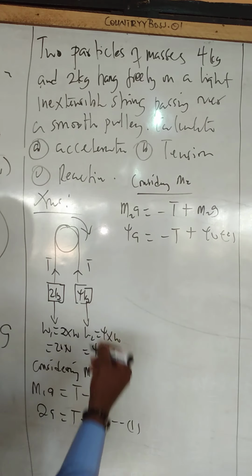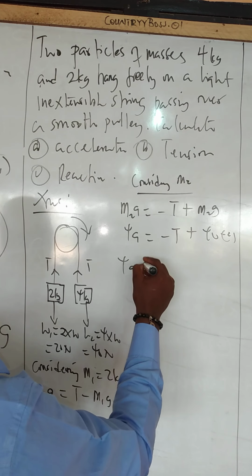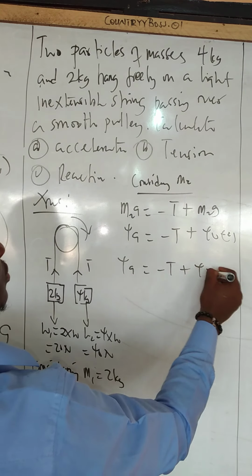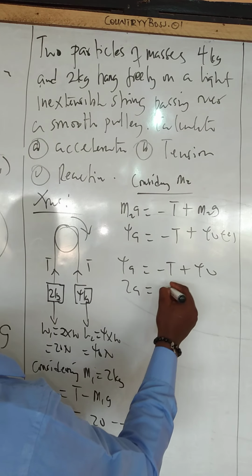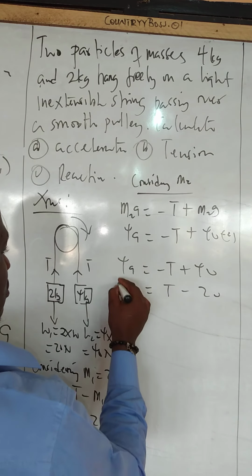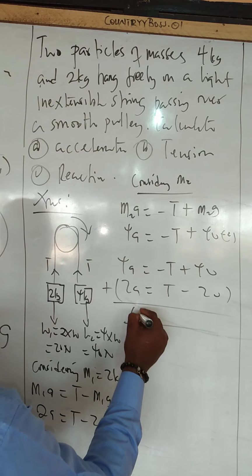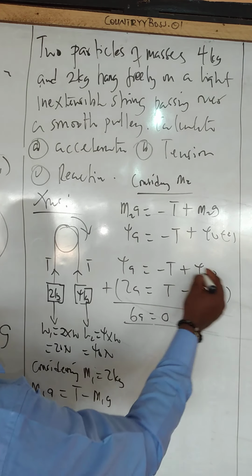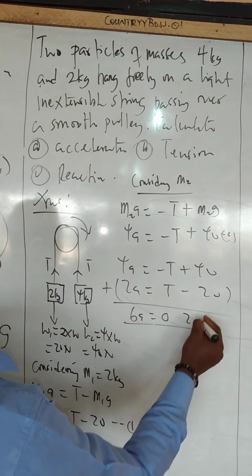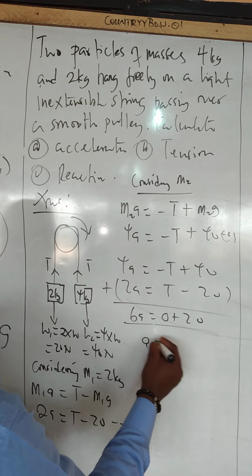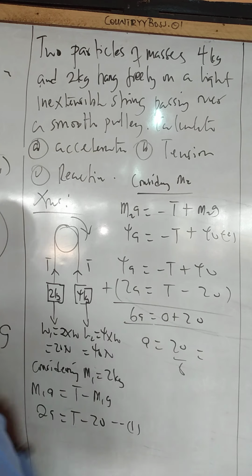When we solve equations 1 and 2 simultaneously, with 2a equal to T minus 20, if we add, we get 6a equal to 40 minus 20. So a is 20 over 6.